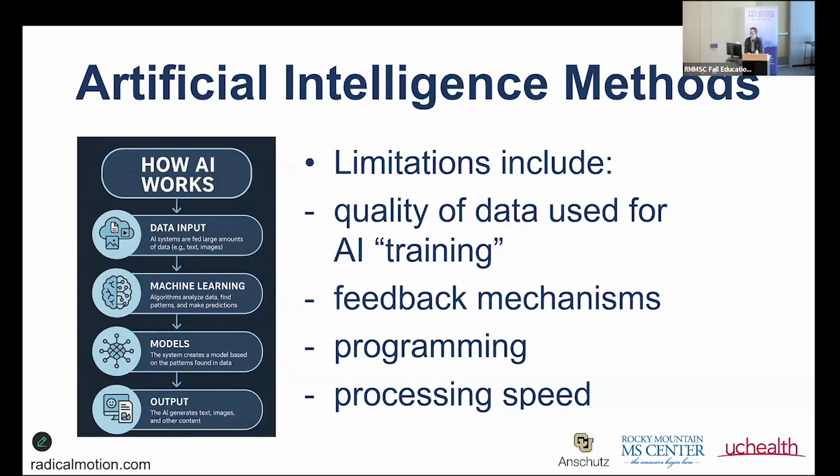So this is a very simplified view of how AI works, but I think it can help us understand some of the limitations that exist. With AI, it is always initially fed data to basically train it. So in some respects, the limitation is that we have to have good data that goes into the system, or what it learns in order to produce a model might not be accurate.